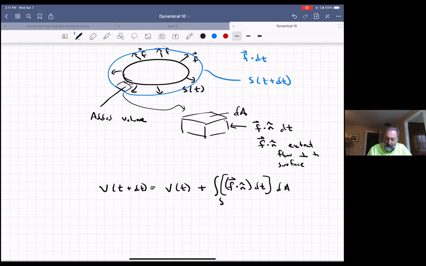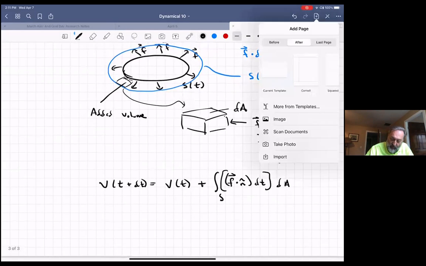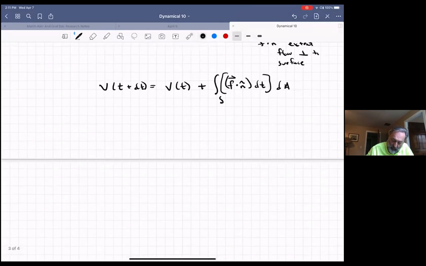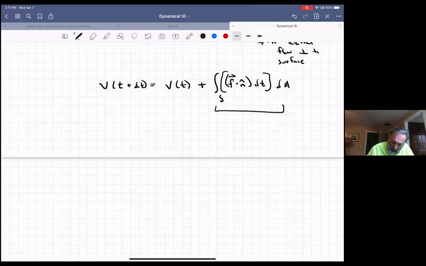But now this quantity here is the flux of F through the surface S, right? So remember, if I had the electric field dotted into the normal vector, times dA would be the flux of the electric field through the surface.